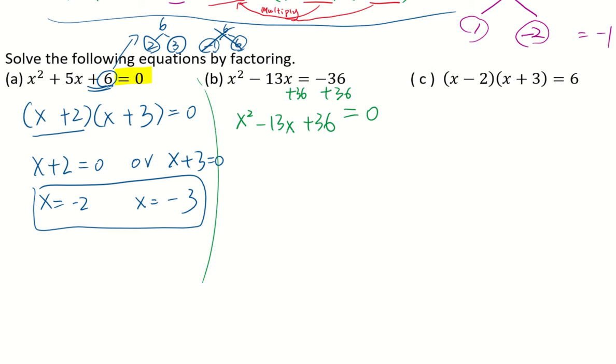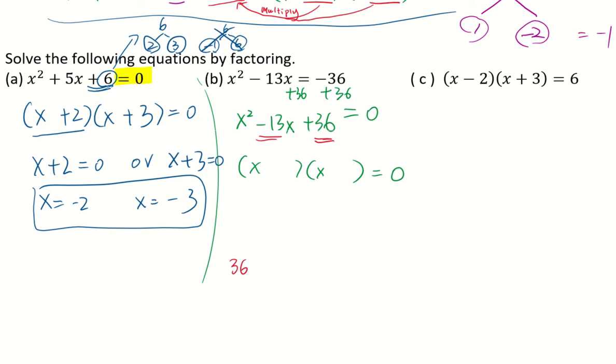If the left side is factorable, it will be in the form of (x + something)(x + something) equals 0. So now we need to find two numbers. They multiply to be 36 and add up to be -13. So let's look at 36.